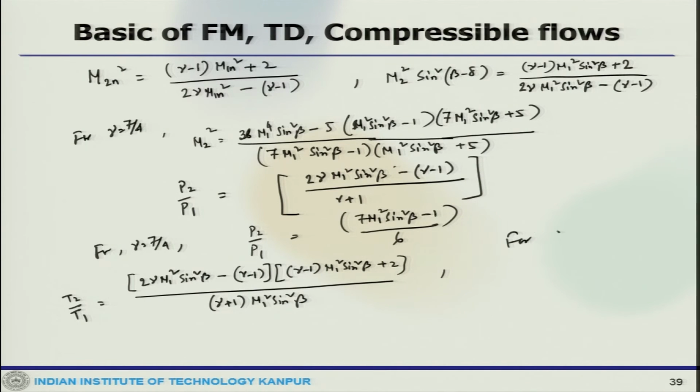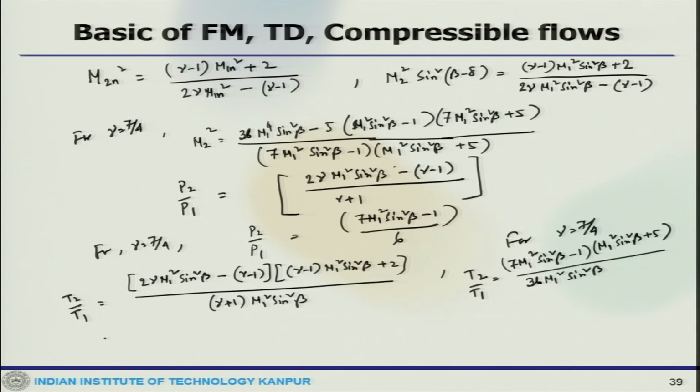Similarly, for gamma equals 7 by 5, this T2 by T1 becomes (7 M1 square sin square beta minus 1) times (M1 square sin square beta plus 5), divided by 36 M1 square sin square beta.